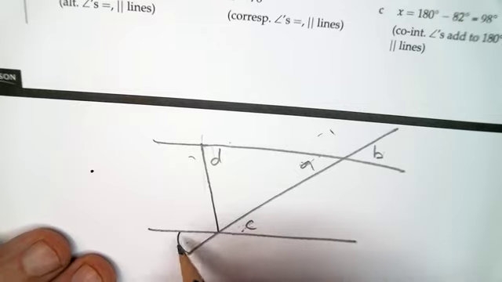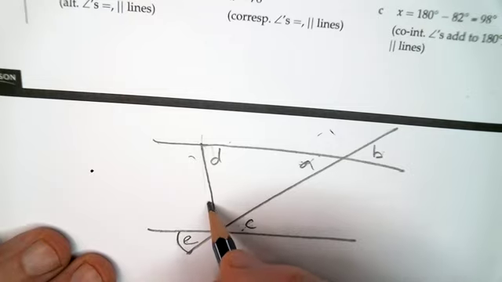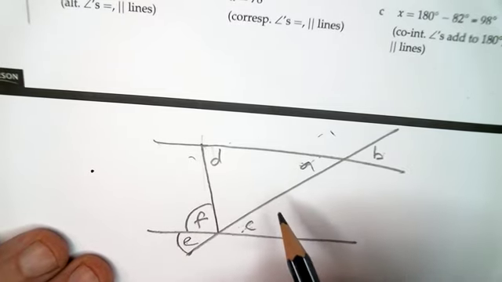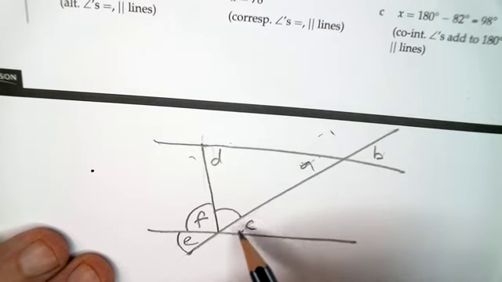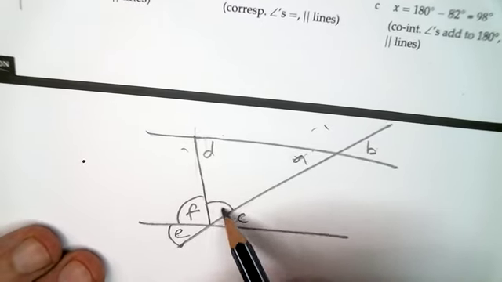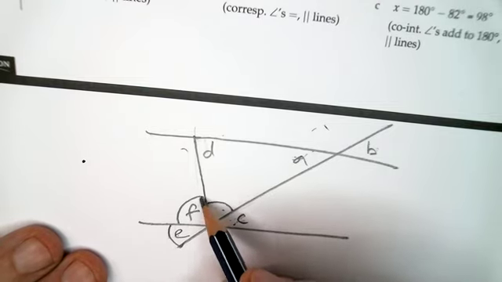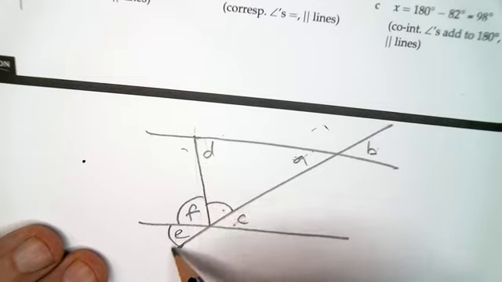So let's call this angle E. So let's say now, if you were to say, I know this angle here, and let's call this angle F, well, suddenly you've got angles on a straight line, and this angle here must be the supplement to these two. So angle pairs, these angles and this one form, if you like, a supplementary pair.